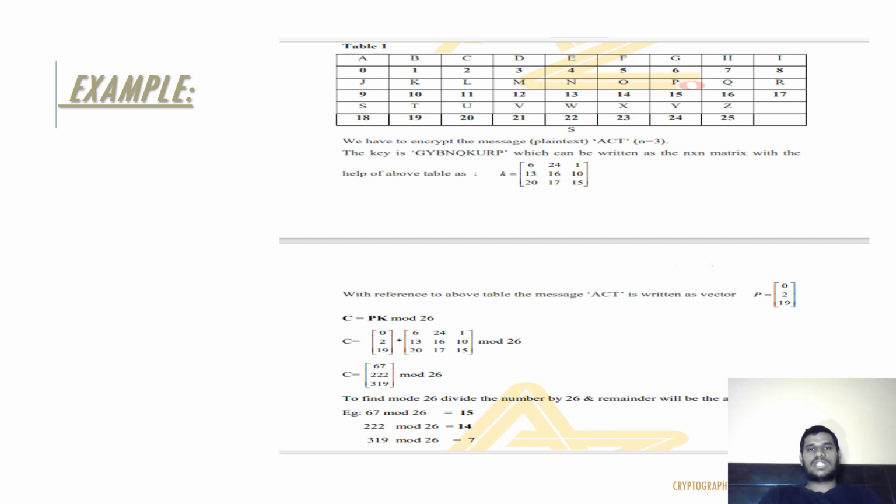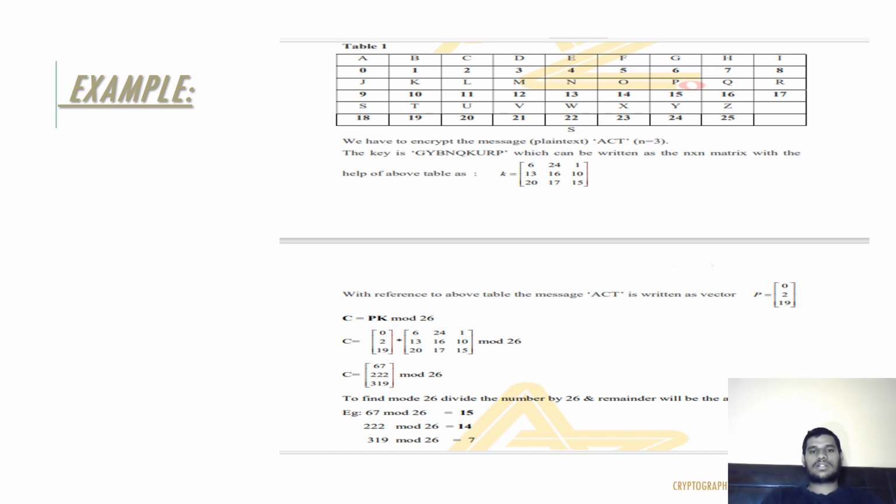The key is GYBNQURPI, which can be written as an n by n matrix with the help of the above table as 6, 24, 1, 13, 16, 10, 20, 17, 15. With reference to the above table, the message ACT is written as a vector, a single row 0, 2, 19, and C = PK mod 26.